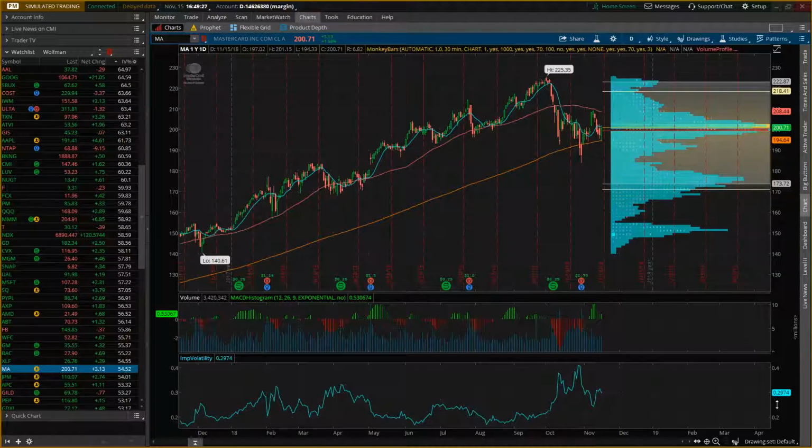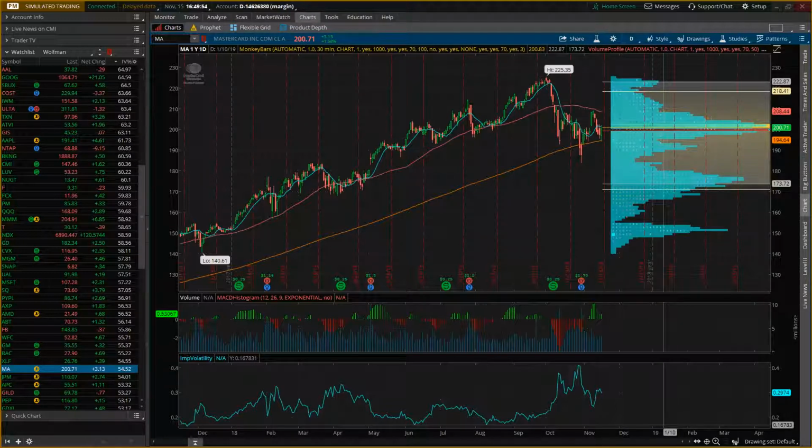In the numerator, we take the current implied volatility, this 29, minus the low of 16. So in the numerator, we have 13. And then we take the high minus the low, which is 40 minus 16, gives us 24. So 13 over 24 gives us just slightly higher than 50%.